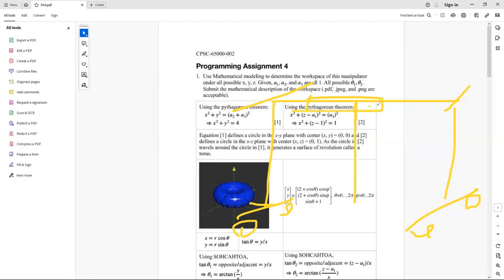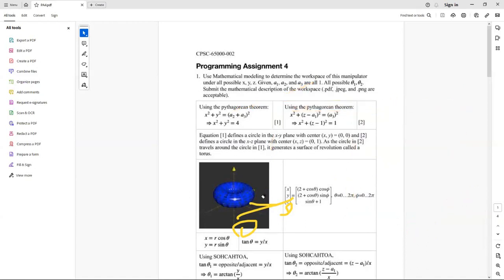The robot can move here, and it can go up and down. So the maximum working space will define how much area you can actually work on. So workspace has always been a very important topic.